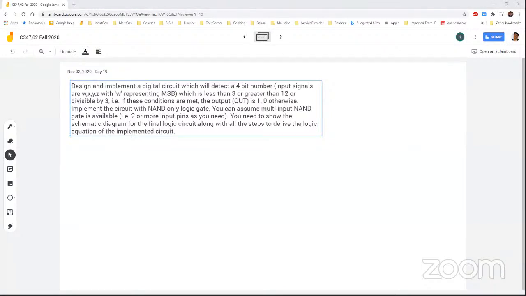Here what we are trying to do is to design a digital logic circuit which will detect a 4-bit number.